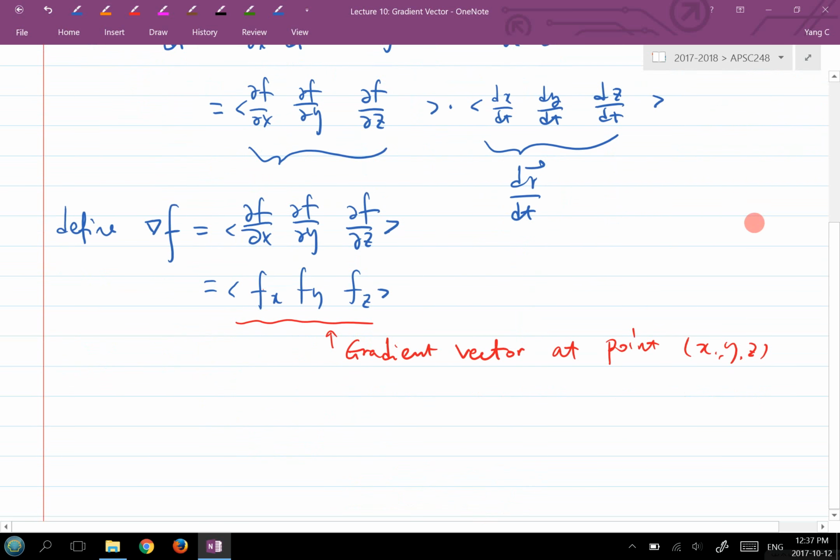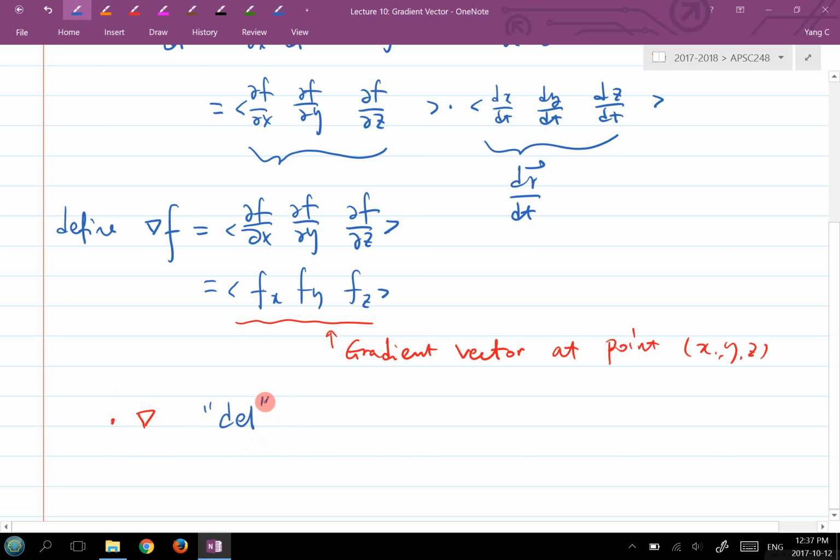Now here we introduced a new symbol, so some notation here. This inverted triangle is called del. You can read it as del.